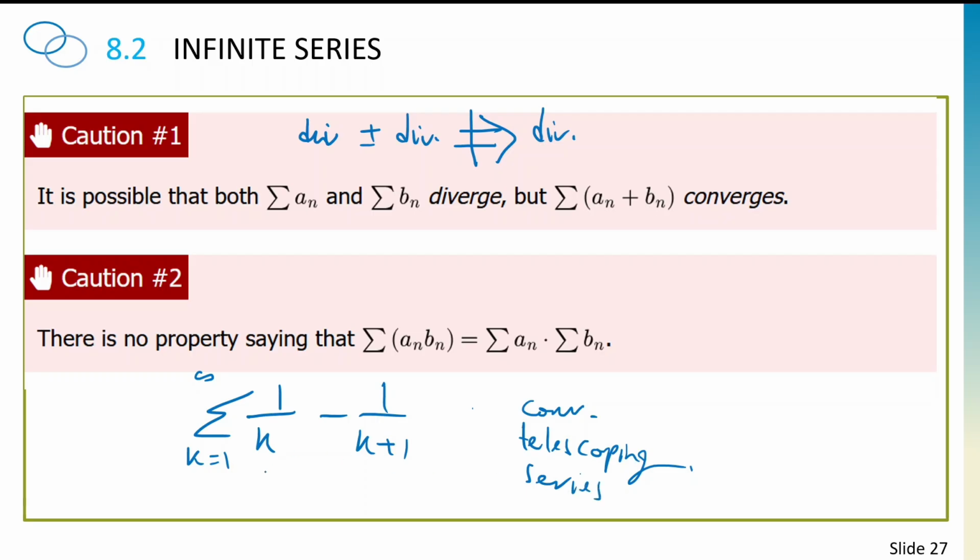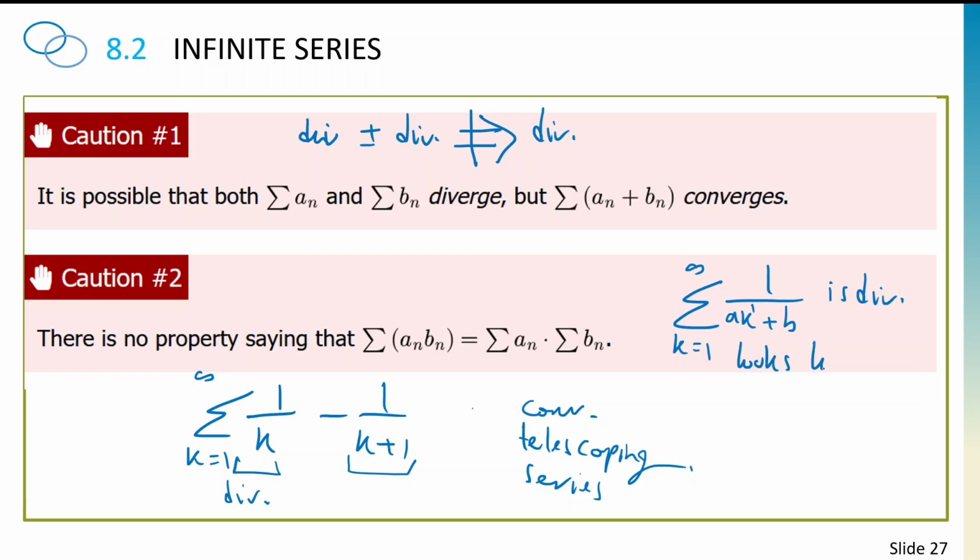But if you think now at what we have here, 1 over k is a harmonic series, it's divergent. And this one is what we'll, from now on, use later on as a way to prove it. But for now, anything that looks like this, like 1 over a linear combination, ak plus b, is divergent. This looks like the harmonic series.